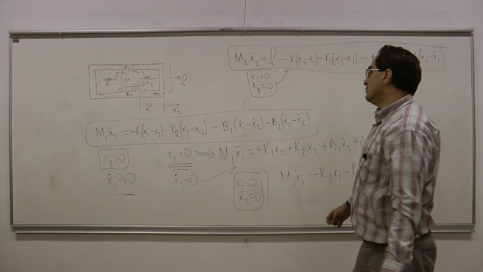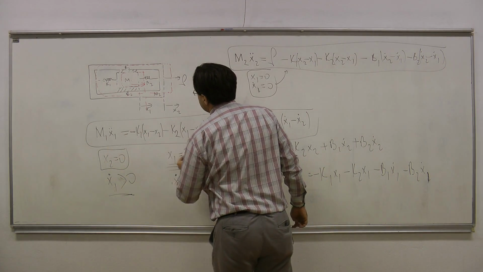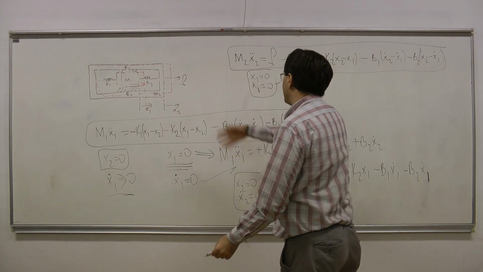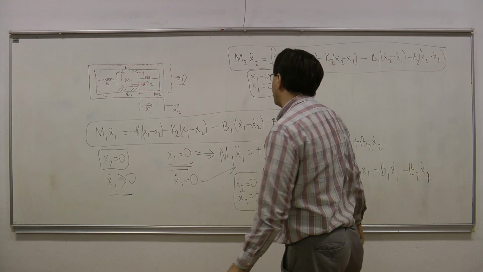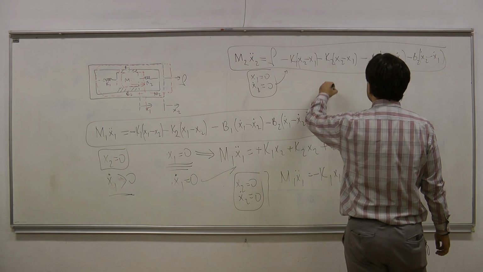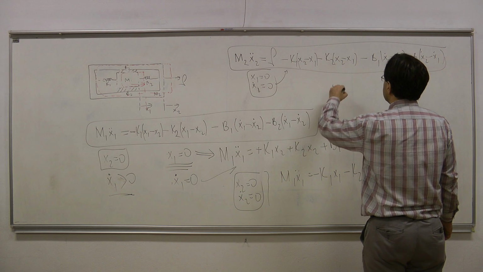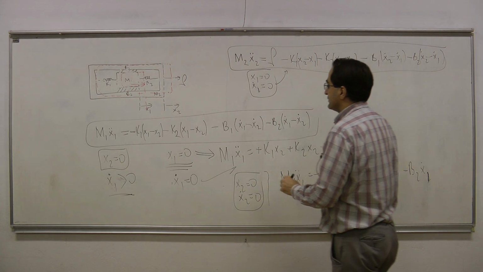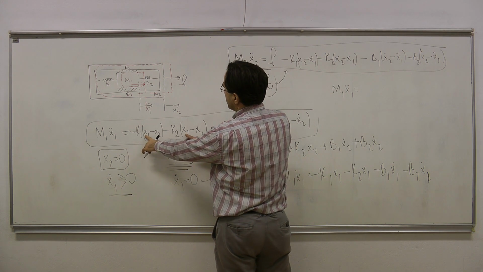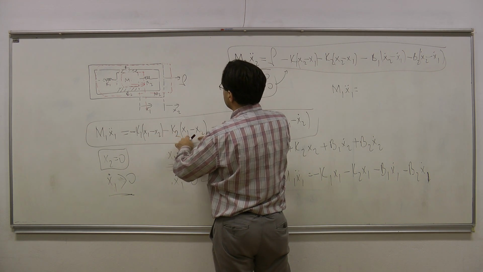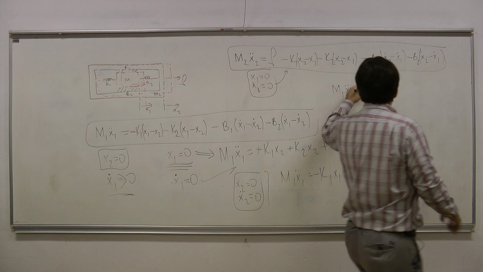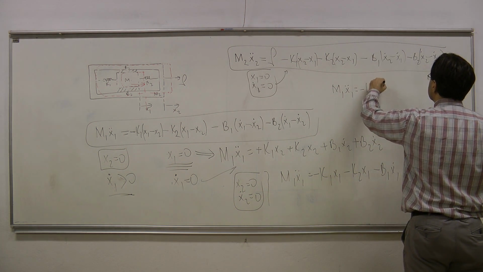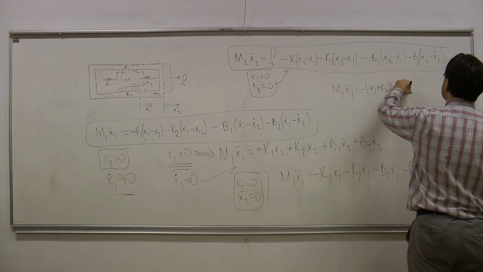When you combine these two, or apply some algebra onto these equations, we can write the following. M1 x1 double dot, I can collect x1 minus x2 terms here, to write minus k1 plus k2, x1 minus x2.